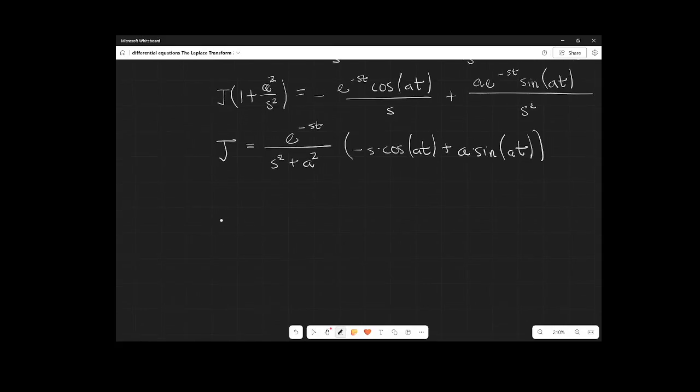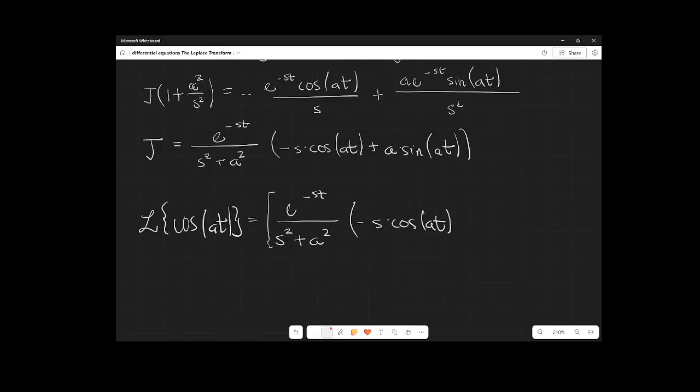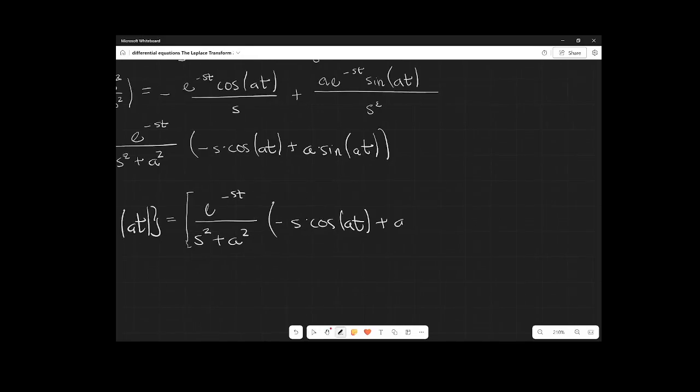This means that the Laplace transform of cosine of at equals e to the negative st divided by the sum of the squares of s and a times negative s times cosine at plus a sine at. Yes, okay.